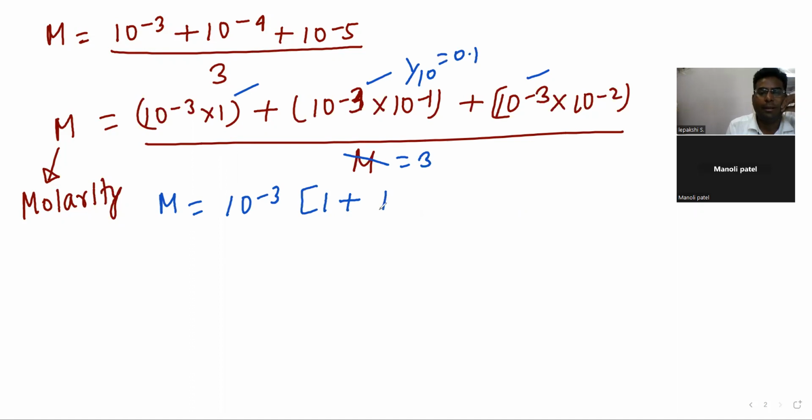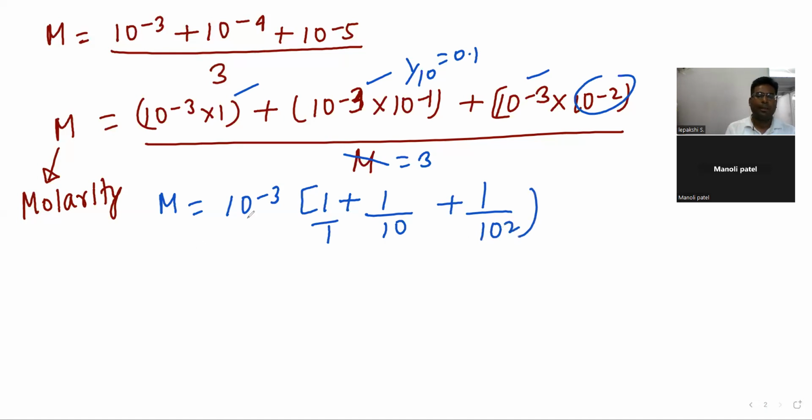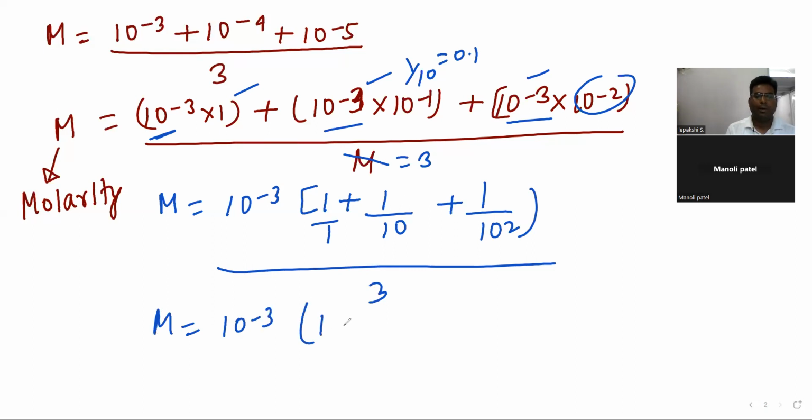10 raised to minus 1 can be written as 1 upon 10, and 10 raised to minus 2 can be written as 1 upon 10 raised to 2. I have taken 10 raised to minus 3 common, divided by 3. So M will be 10 raised to minus 3 into 1 plus 0.1 plus 0.01.